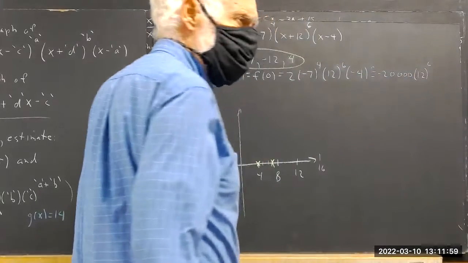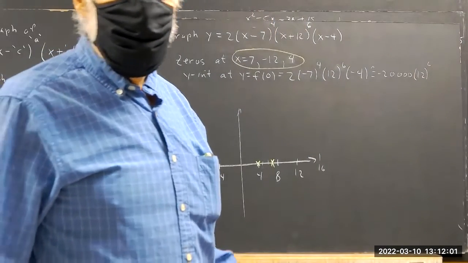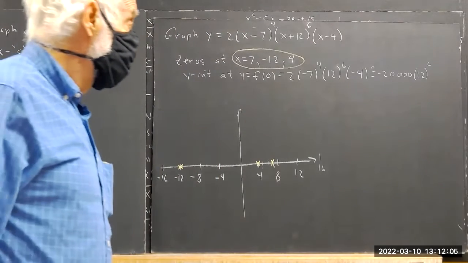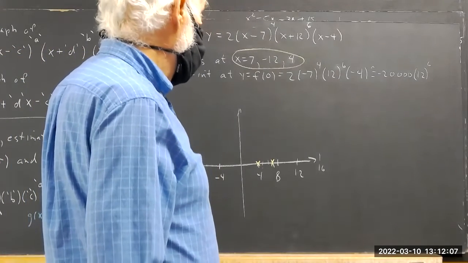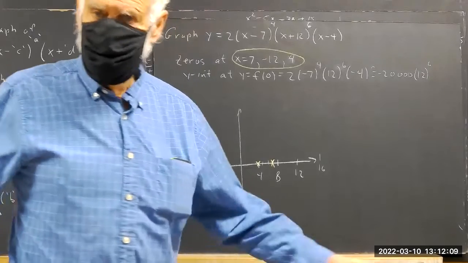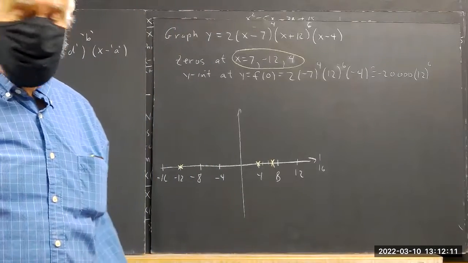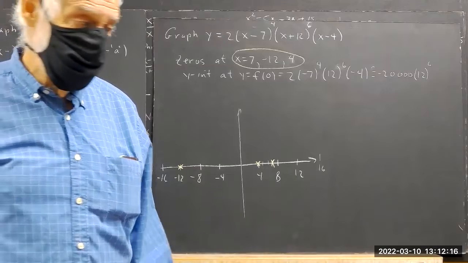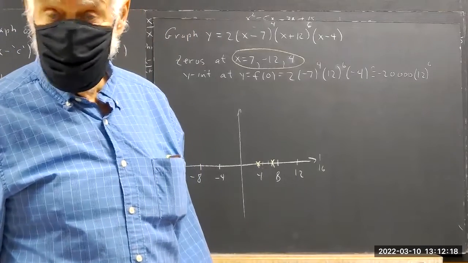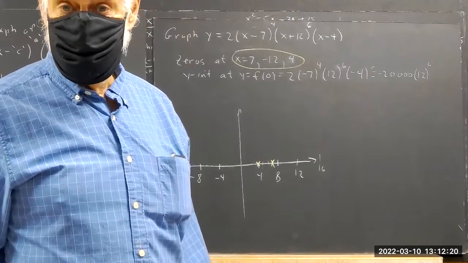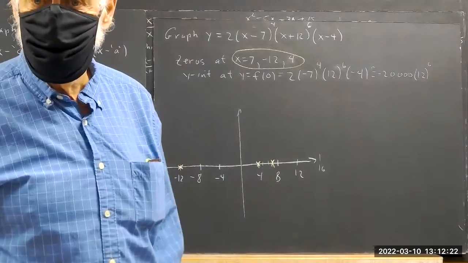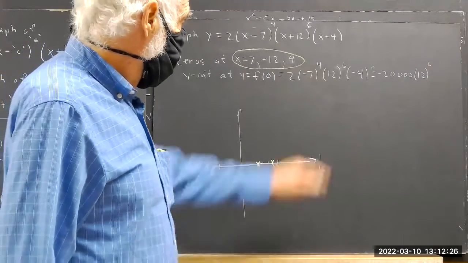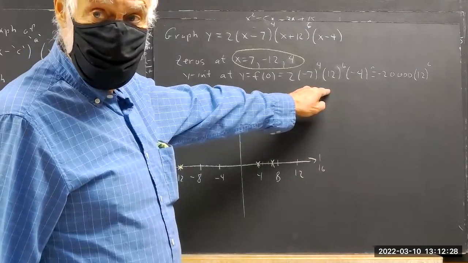12 to the 6. Well, 12 squared is 144, which is close to 150. Okay, so then 12 cubed is going to be like 12 times 150. That's about 1,800. 1,800 squared, everybody knows, is 3,240,000. Okay? So I think that's about 3,240,000.